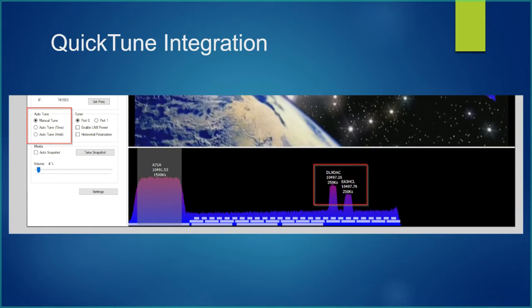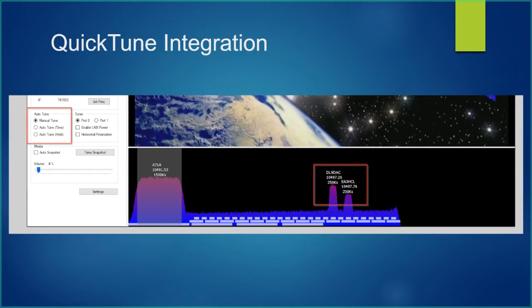And what you're seeing there at the bottom is essentially all the live signals on the wideband transponder. Those are the ones that were live when I took the screenshot there. You'll see on the left side, with the call sign A71A, that is the beacon that's always running. And then we had two other guys transmitting there, DL9DAC and EA3HCL.